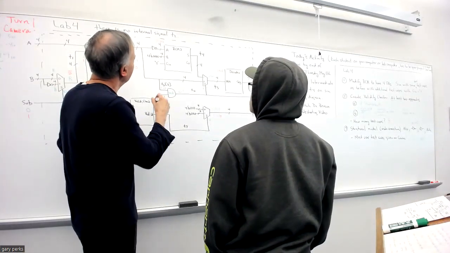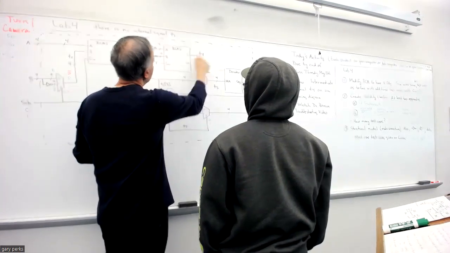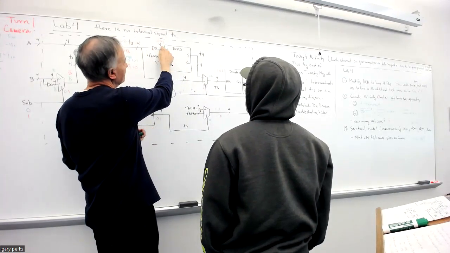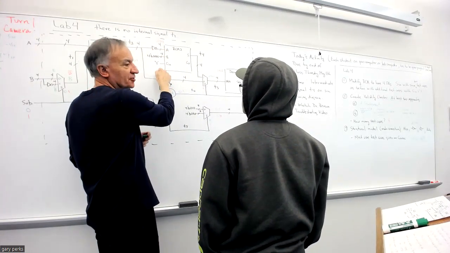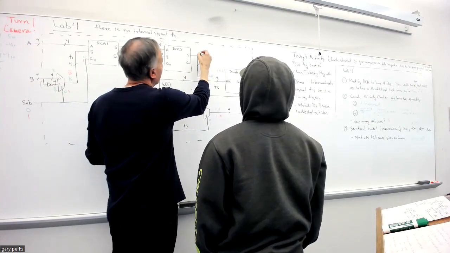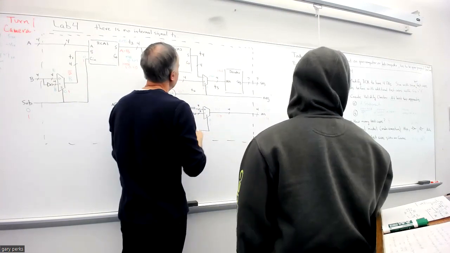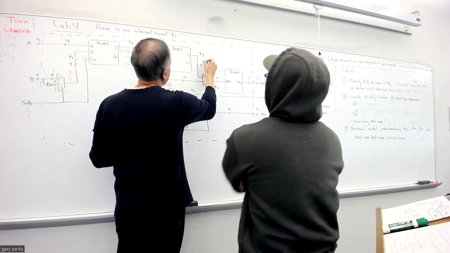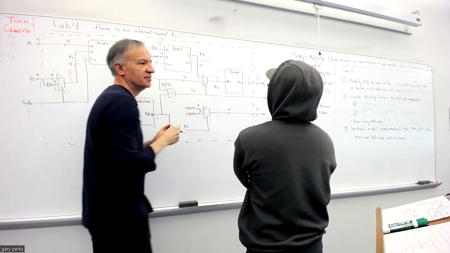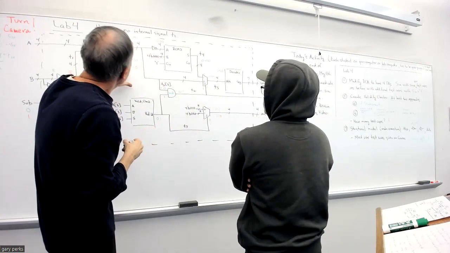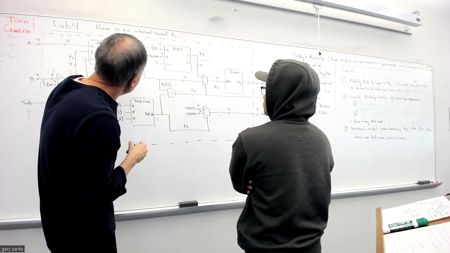It's going to take this inversion, add it here, and also add one. So at the output, you get 0, 1, if you take the two components.